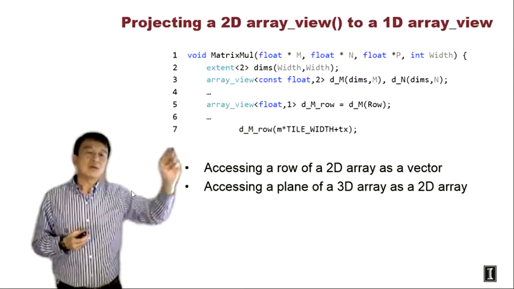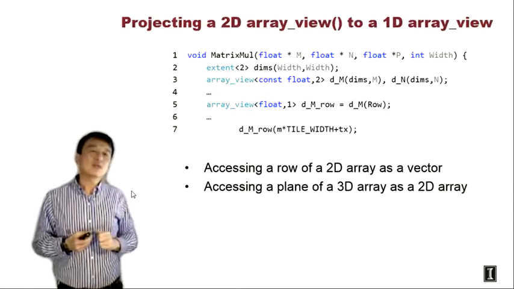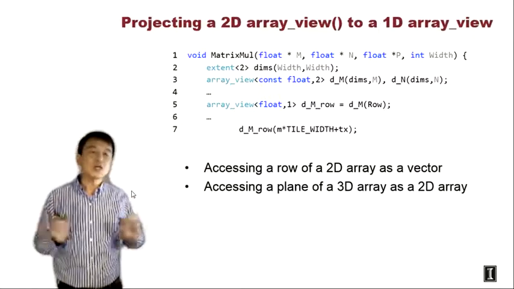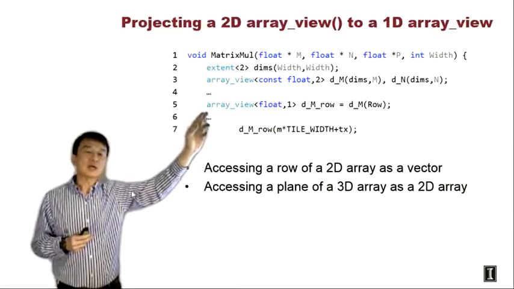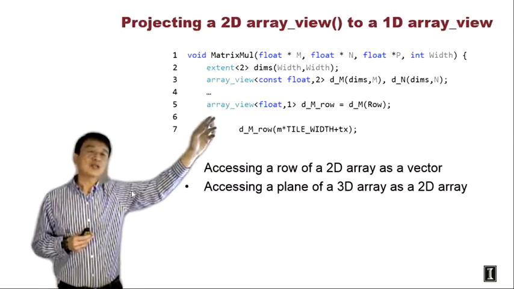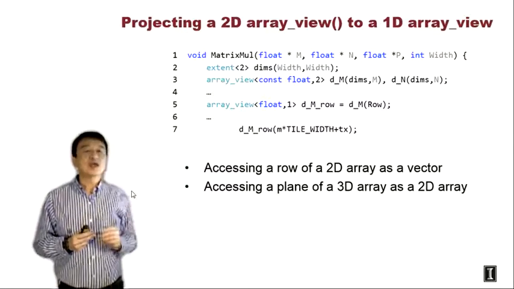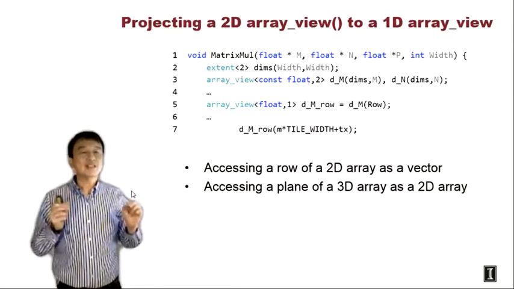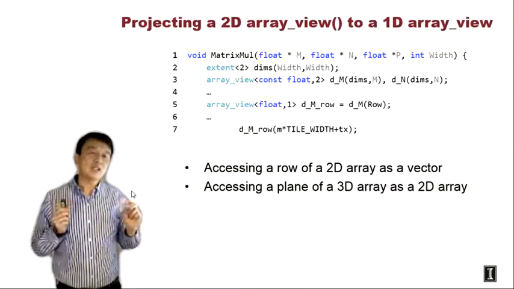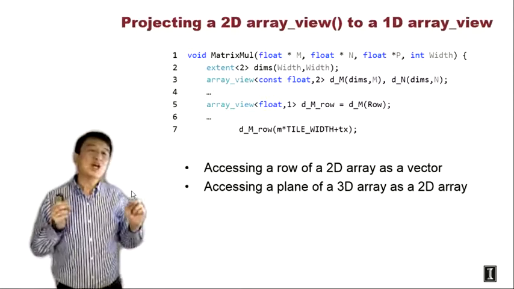But now let's assume that we wanted to be able to access one of the rows of the M matrix. So we can declare another array view, which is a one-dimensional array view called d_m_row. This is essentially an additional way of accessing M, essentially accessing one of the rows of M.